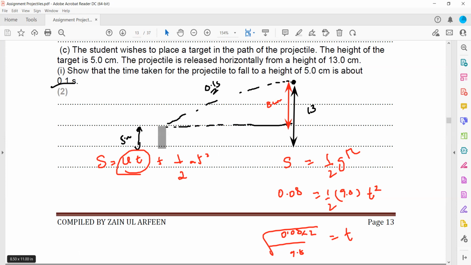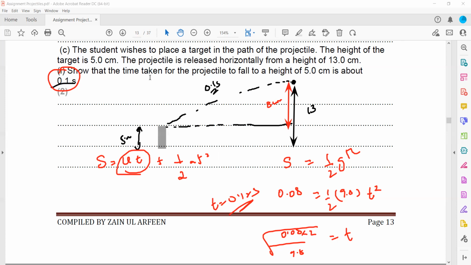It's 0.127, so 0.127 or 0.12. So time is 0.12 seconds. So that is correct. We have to show around 0.12 seconds. Is this one clear? Yes, sir.